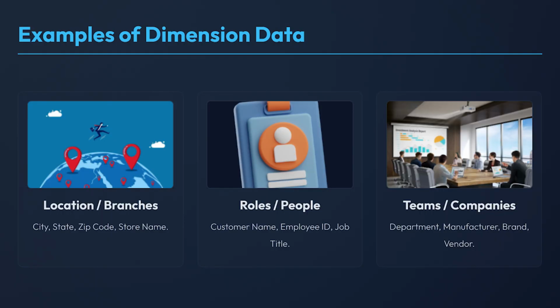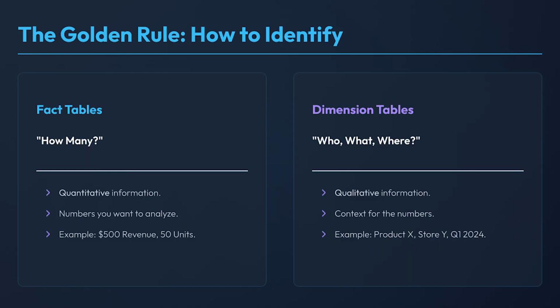And then a shortcut to really determine if it's a fact versus a dimension is: if you ask how many, how much, and when, it's going to be a fact. Whereas if you ask who, what, where, and which, it's going to be a dimension.